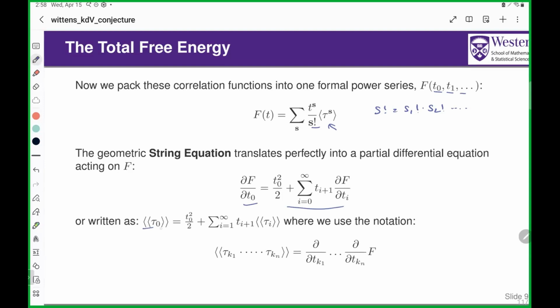When you have this double angle here, that notation means that, so this is the definition of the notation, you're going to differentiate with respect to that variable, and then all of those partial derivatives, and you apply that operator to the total free energy. That's just notation. That's what the double angle bracket means. And in that notation, this is what the string equation looks like. I just put that here for fun.